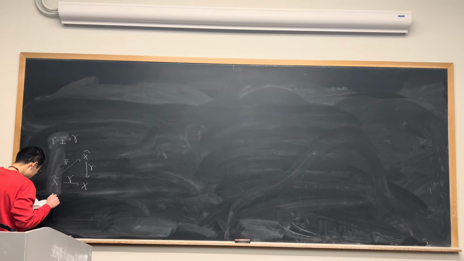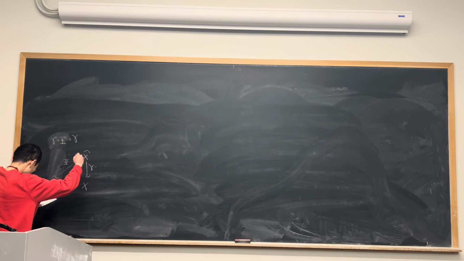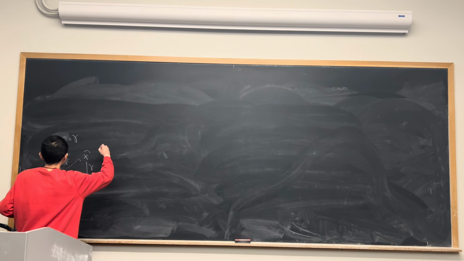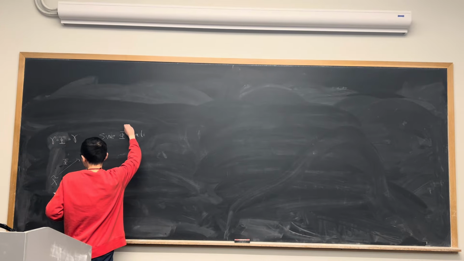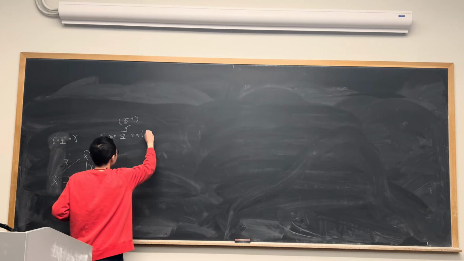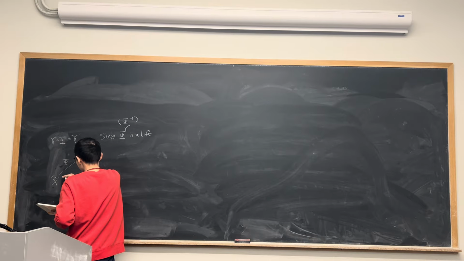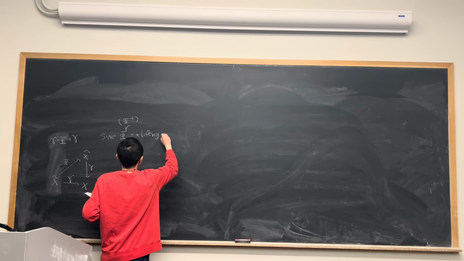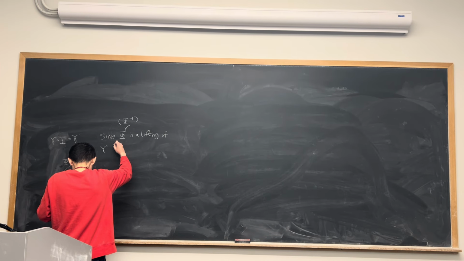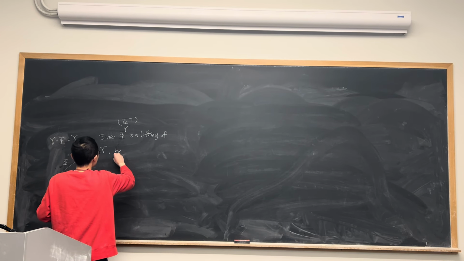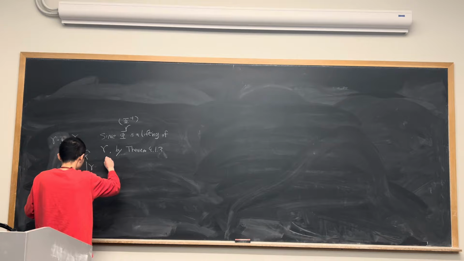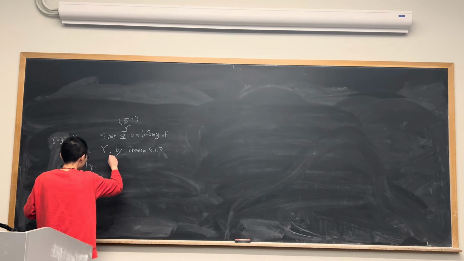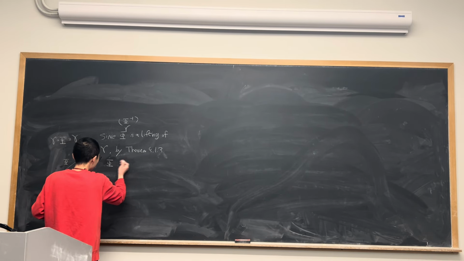So therefore this is the lifting. Since this phi is a lifting, together with phi inverse, which is also a lifting, by theorem 5.1.3, the holomorphic lifting theorem, we have that phi and phi inverse are holomorphic.